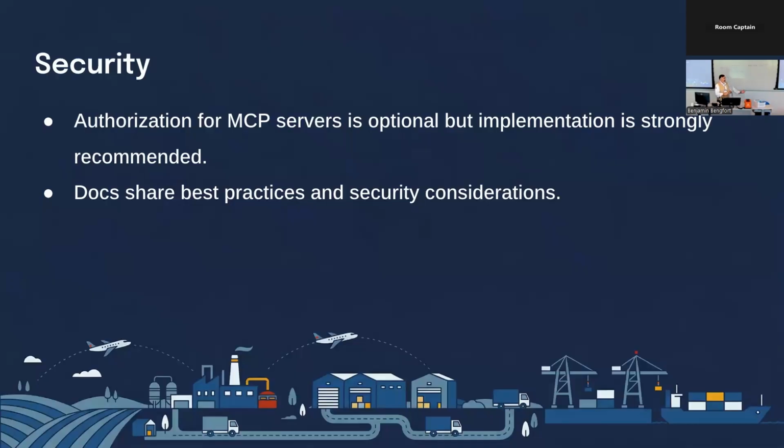So there are best practices, but security is still and continues to be a very big concern when it comes to using MCP in your agents, because as you will see, your agents can request a tool call for anything that you tell them is available, right?